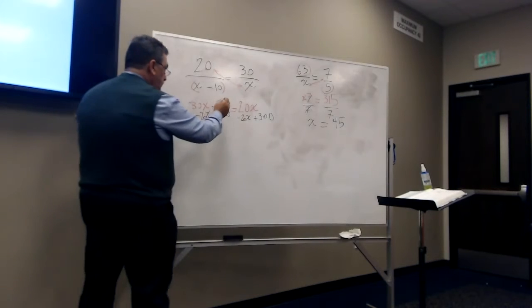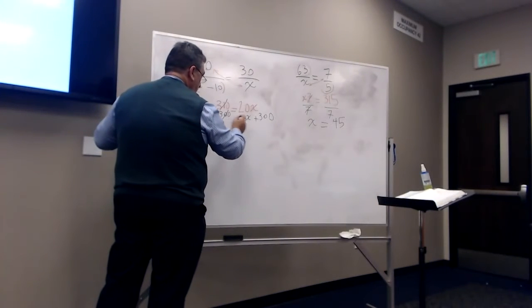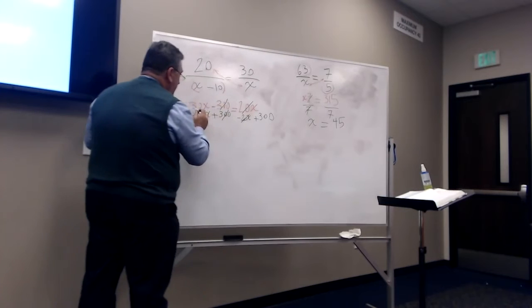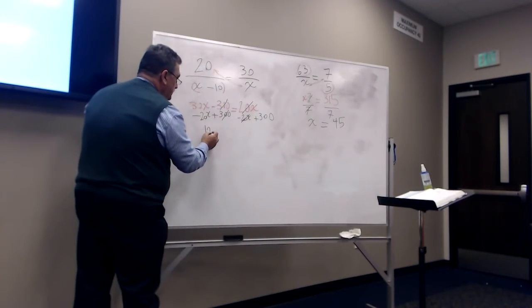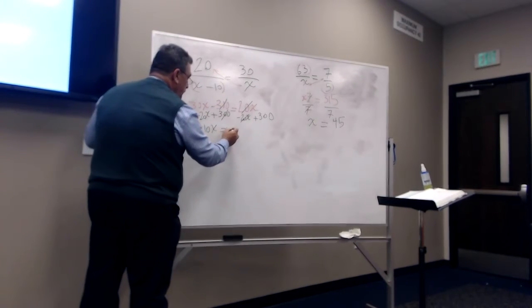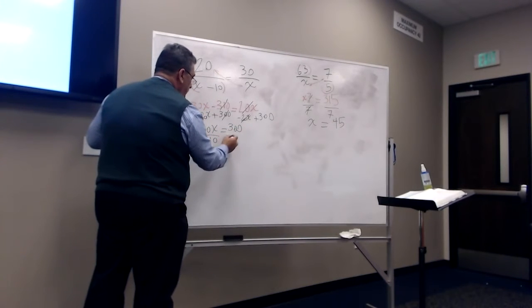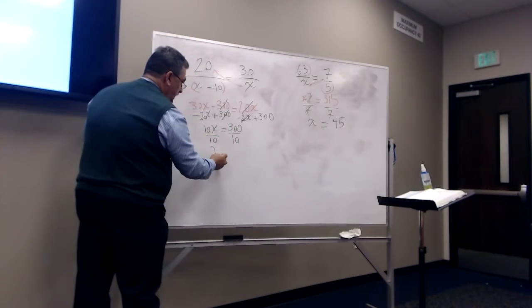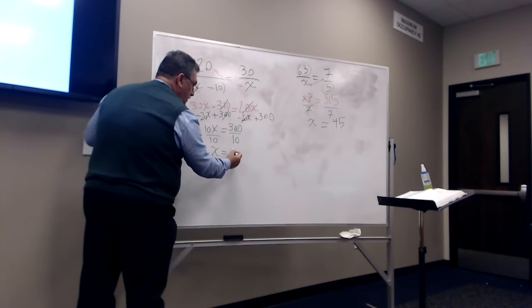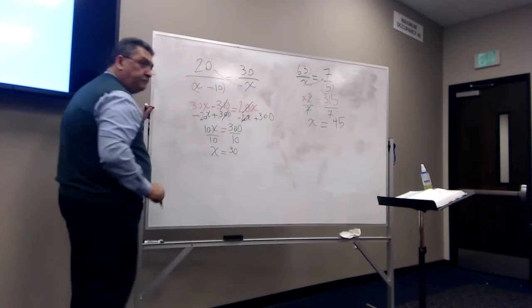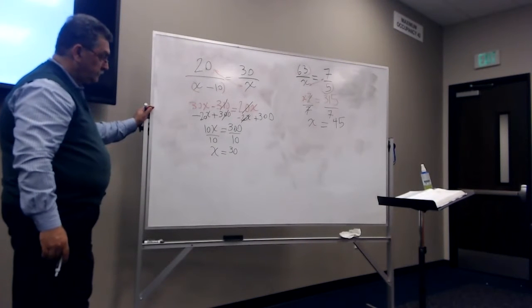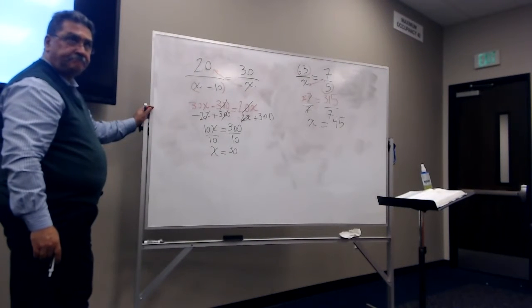Right? So these two cancel, and these cancel. 30 minus 20, x equal to 300 divided by 10. You get x is equal to 30. Okay. Right?